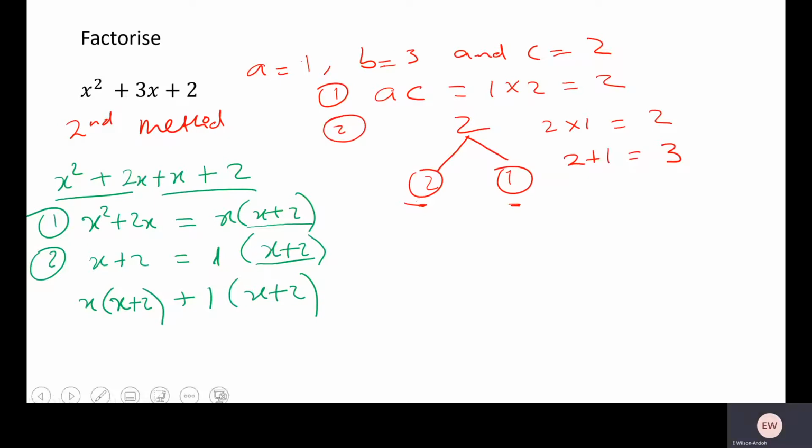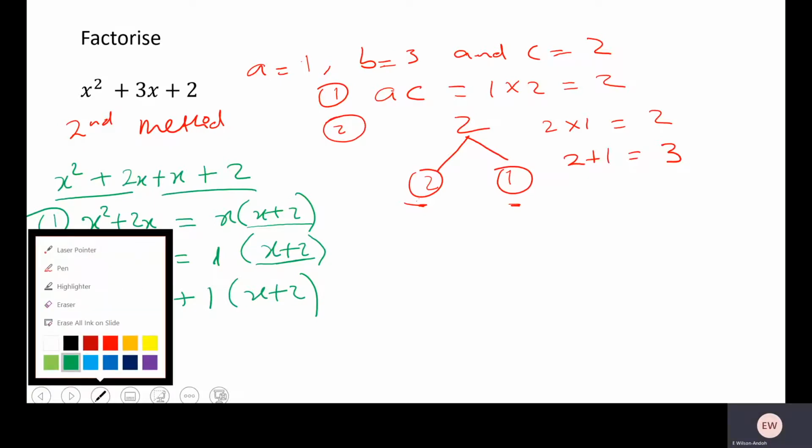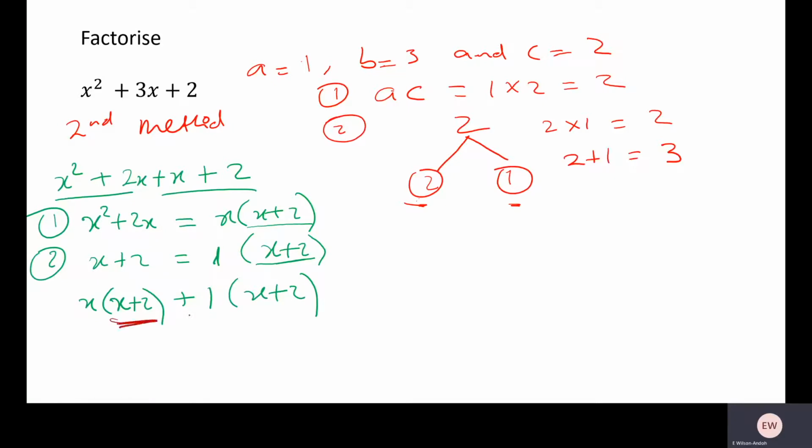Now you can see that the two terms have the same x plus 2 to be common. So we bring the x plus 2 out, and when we take x plus 2 away from each term, we'll be left with x in the first term and then plus 1 in the second term.